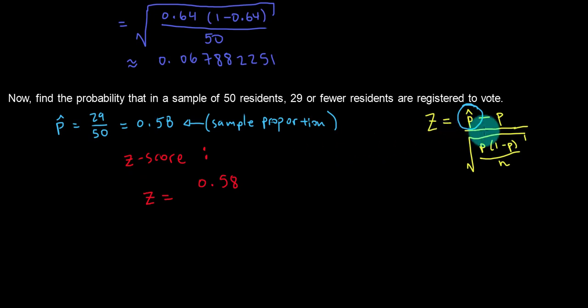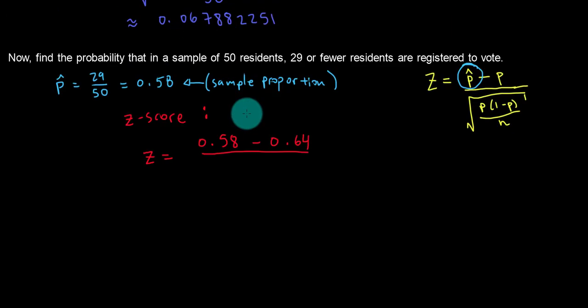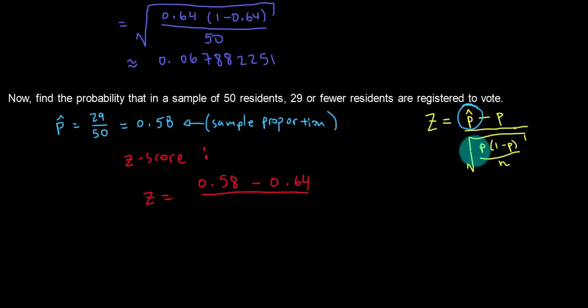The minus p, that was the 0.64 from the top of this example. It's also written right here. In the denominator, this big square rooted amount, well, we've already done all that work there. No need to reinvent the wheel. I will maintain a lot of these decimals so I don't lose any info.